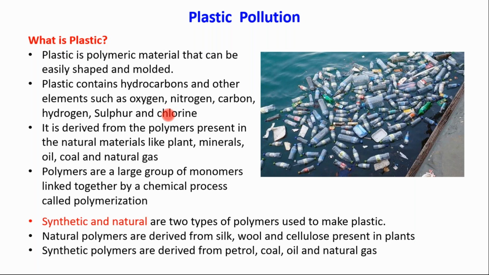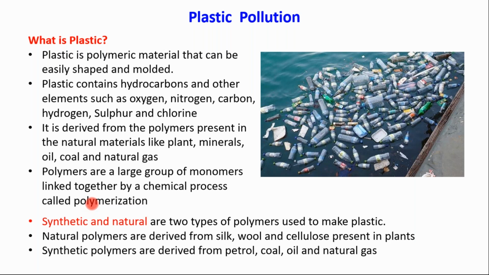It is derived from the polymers present in natural materials like plants, minerals, oil, coal and natural gas. Polymers are a large group of monomers linked together by a chemical process called polymerization. So the combination of monomers and their conversion into polymers is called polymerization.